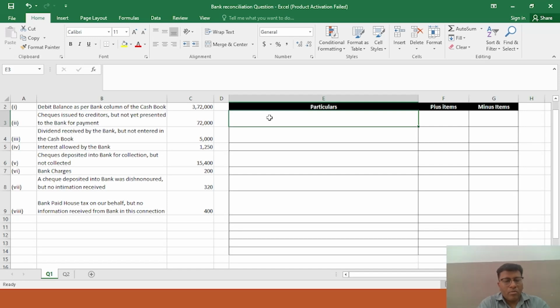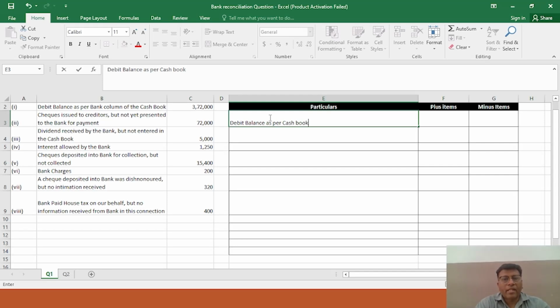Okay, so debit balance as per cash book. And I think there is no need to repeat that we have to go through the bank column of the cash book, not the cash column, because if you are maintaining a three column cash book, you have to approach that bank column.